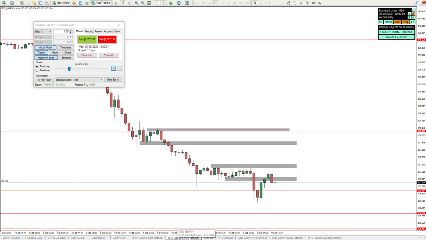And on M30, we got new resistance formed. It's a lower resistance because this was the previous resistance. Let's put it like that. So it's lower.